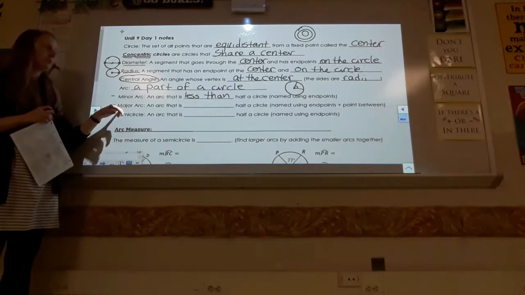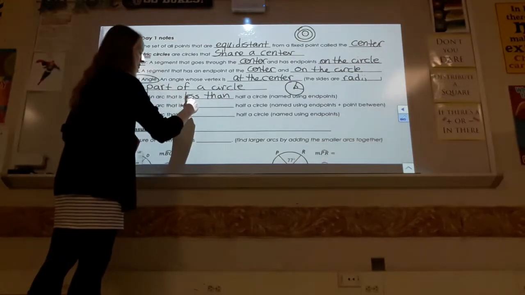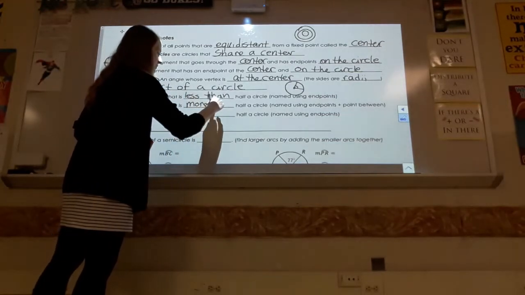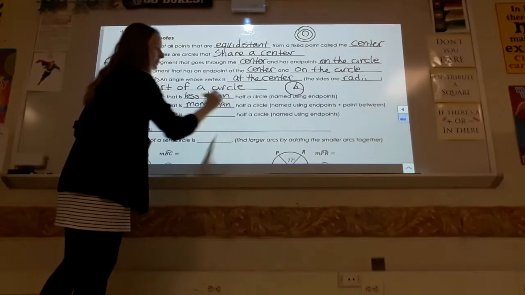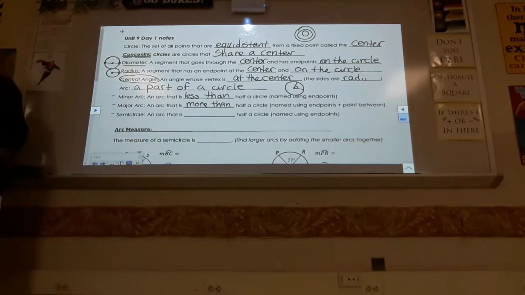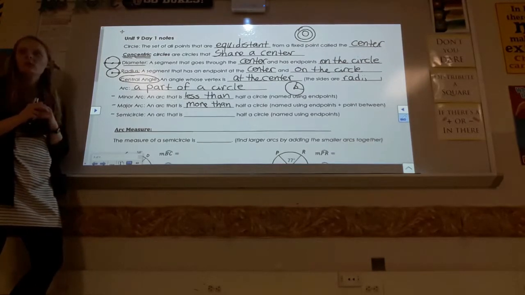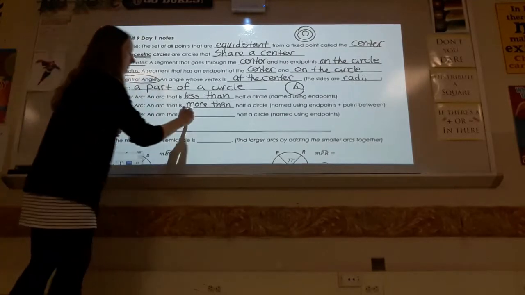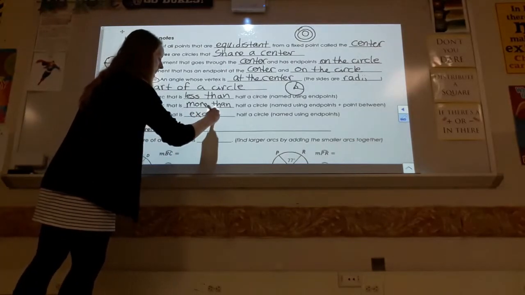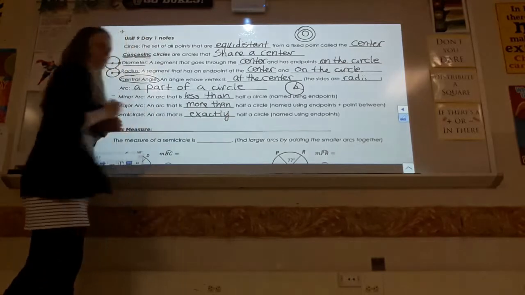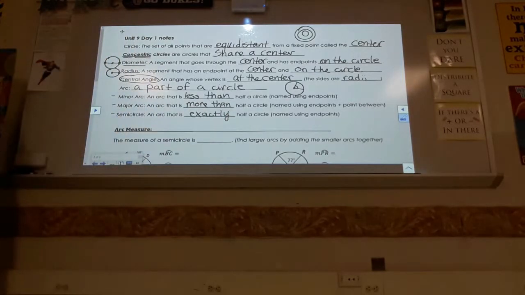If you're going to draw a major arc, that has to be more than half a circle. So you have to draw half a circle and then go a little bit more. To get more than half a circle, it's called major. Hopefully you can see the connection between minor and major. And then what's a semicircle? It's exactly half a circle. So we have less than, more than, and exactly half a circle, and they each have their own special name.